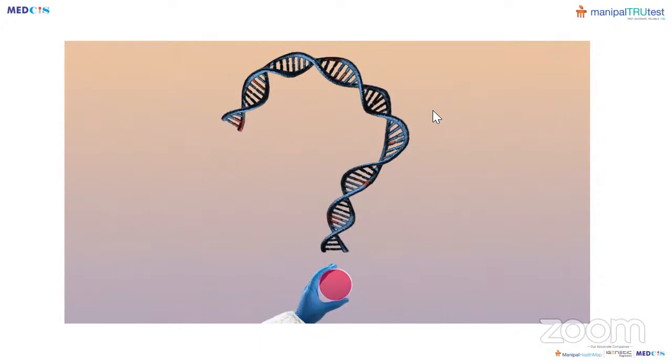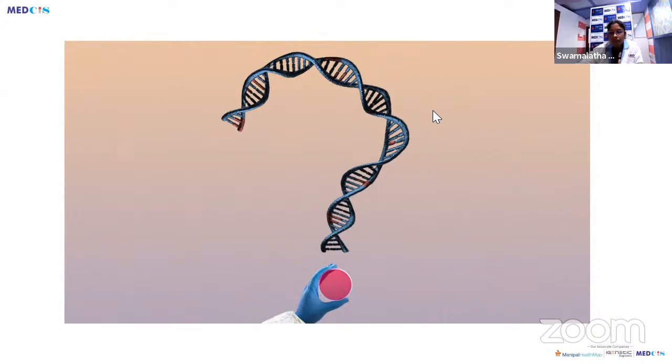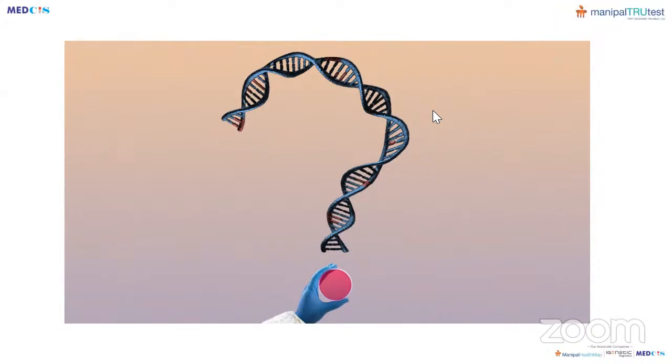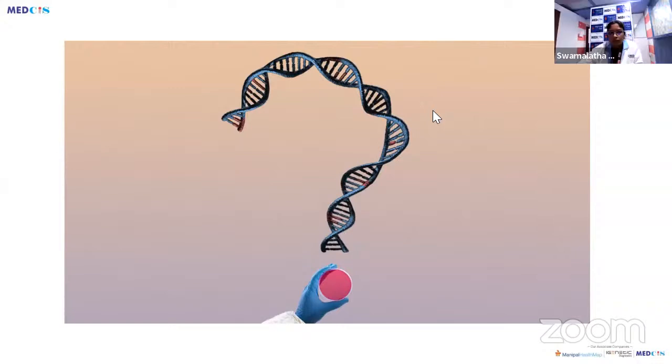Question from Rohini once again. If there is a family history of male breast cancer, should the near relatives also be concerned? That totally depends on the kind of mutation he has, and based on the mutation, the extended family can go for a screening test.